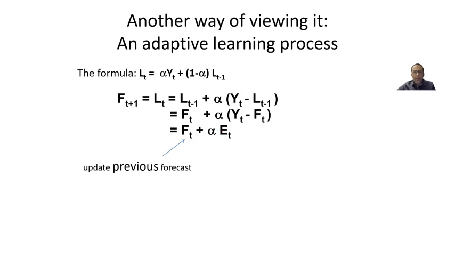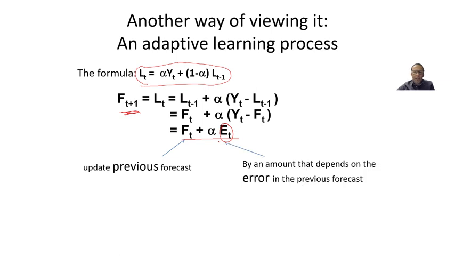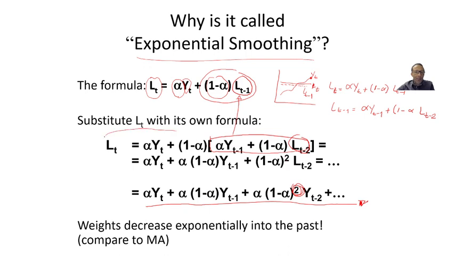Another way of viewing it is as an adaptive learning process, in which we have the same formula we were using before for L_t, the level, and what we are going to say is that f_{t+1}, the forecast in time t plus 1, is simply the previous forecast plus an error term. This is exactly equivalent to what we have done in all these equations.